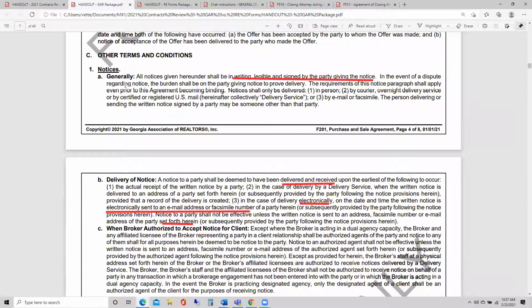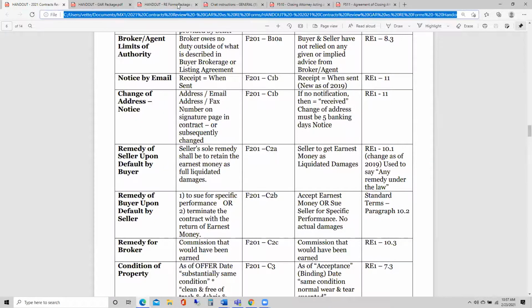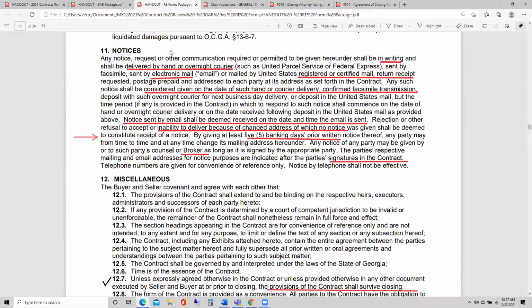Okay, the notices section in the GAR is under paragraph C1, and in the RE Forms, it is under RE1, which is the standard terms, under paragraph 11. In the RE Forms, it is all spelled out here under the notice section.